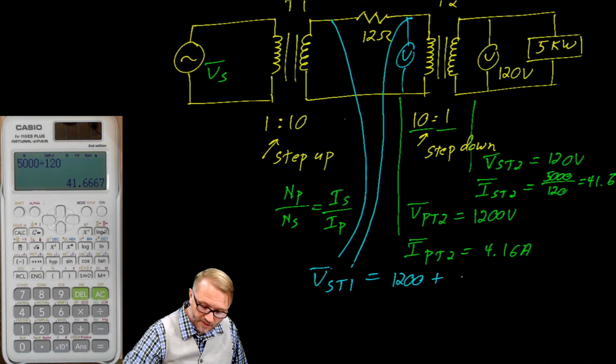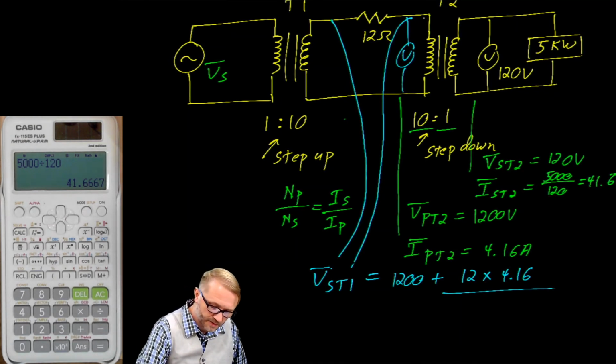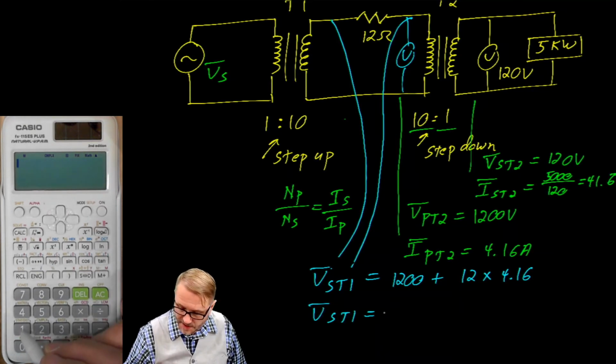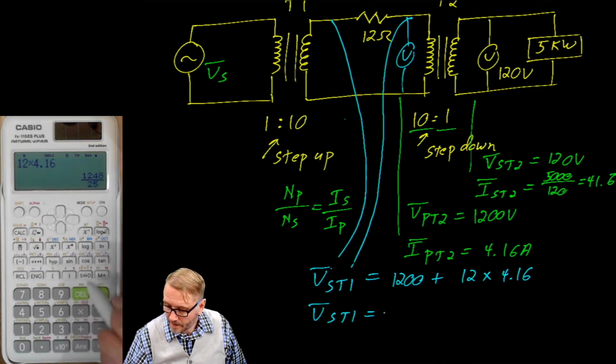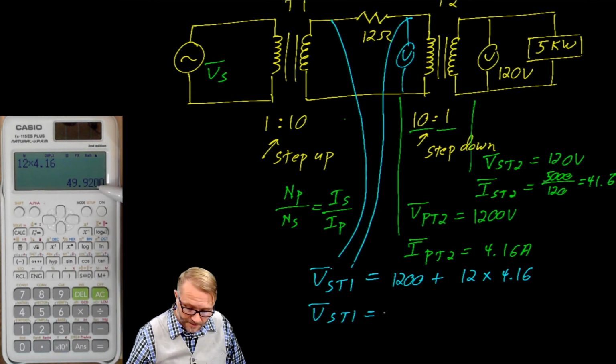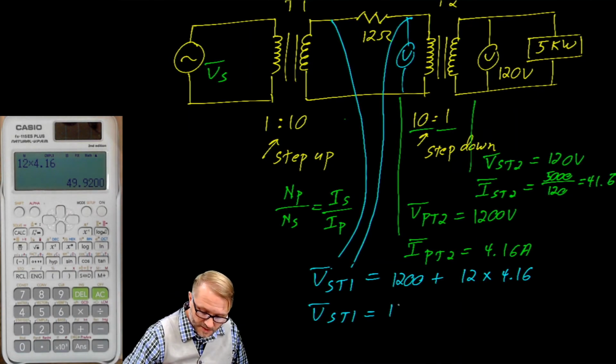In this case, that voltage drop is 12 by 4.16 amps. And that's just a statement of Ohm's law. You have 12 ohms, and you have 4.16 amps flowing through it. So the voltage there is 12 times 4.16. So that's the resistor voltage. It's about 50 volts plus 1200. So 1250 volts.